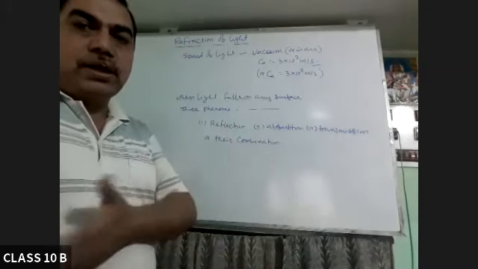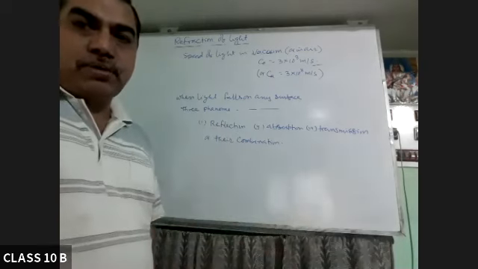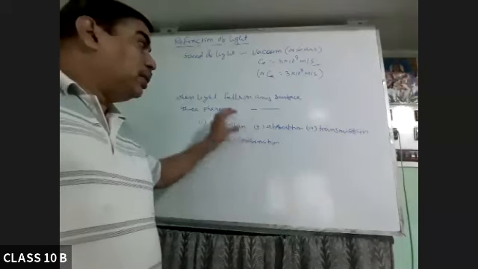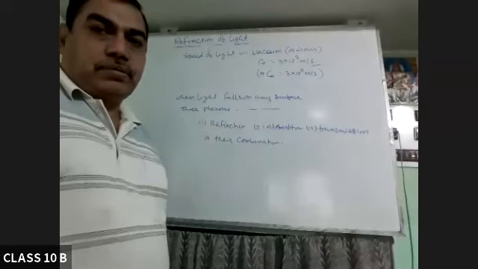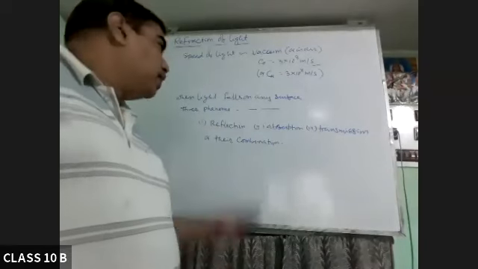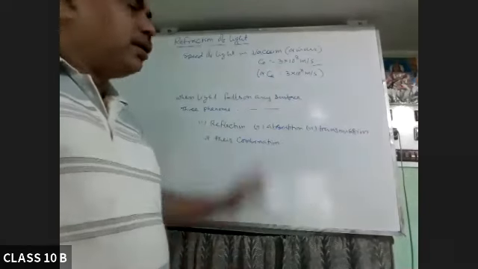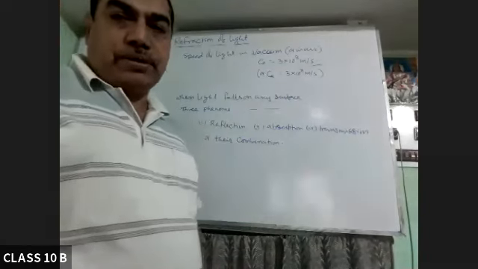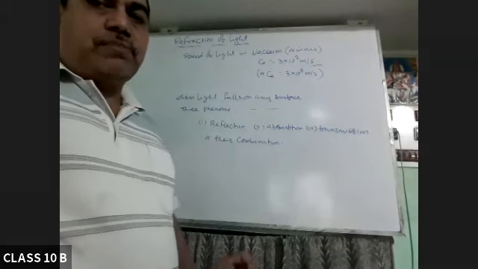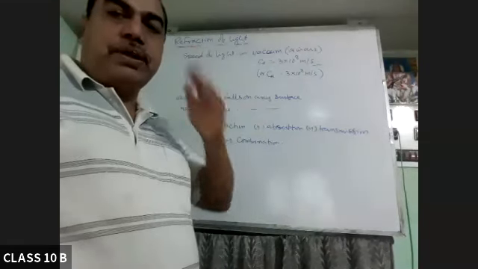It is either reflected or absorbed. So these three phenomena may take place. Theoretically, we can say only reflection, only absorption, but practically, a combination will always take place. There is no surface which transmits 100% light.